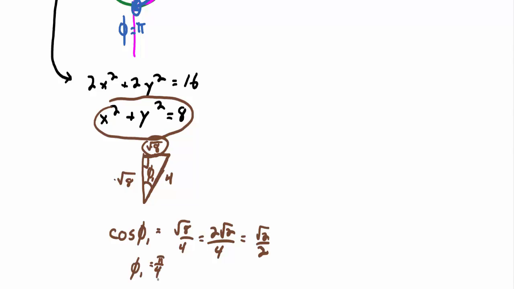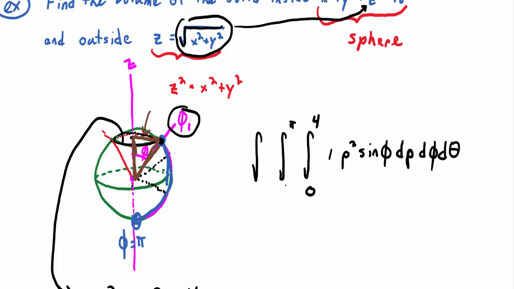So however you get it, that was kind of the long way to do it, but I wanted to illustrate some tips and tricks you can use. However you get it, it looks like this starting angle here has got to be pi fourths. Okay? So, long story short, phi will go from pi fourths to pi.